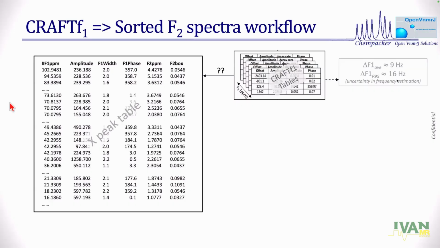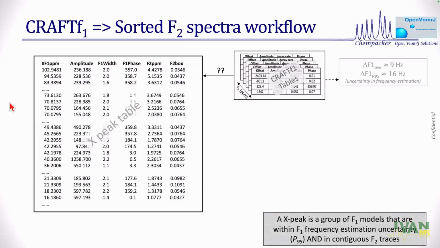I am perfectly willing to work with 16 hertz of uncertainty, because we just saw how much we lost just because we apodize and Fourier transform, which we don't have to do here. So we made a definition: a cross peak from this group of tables is a group of F1 models that are within the F1 estimation uncertainty. I take that 95th percentile.